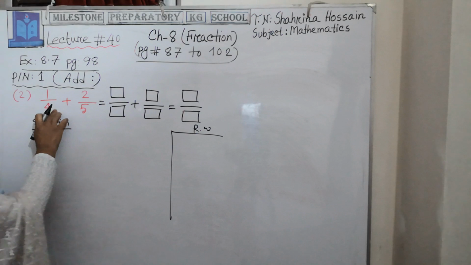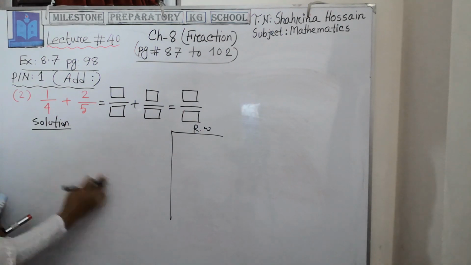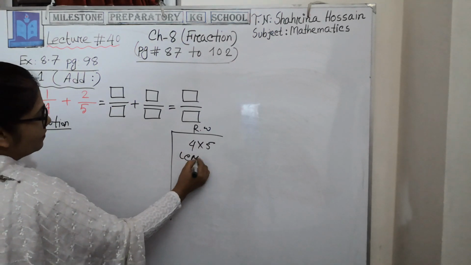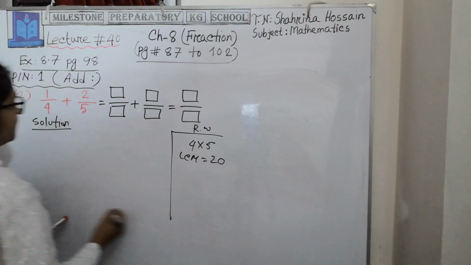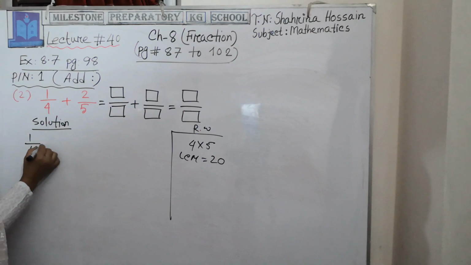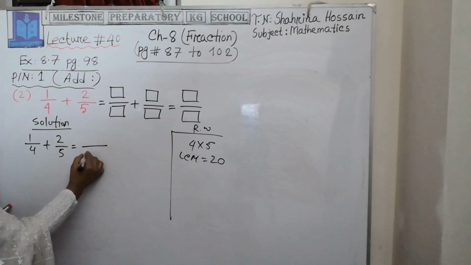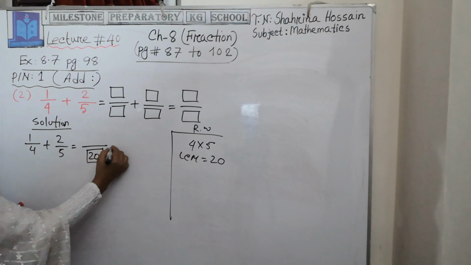Here 4 and 5, 4 is a composite number and 5 is a prime number. So we have to multiply to find the LCM. 4 5s are 20. So I got the LCM 20.